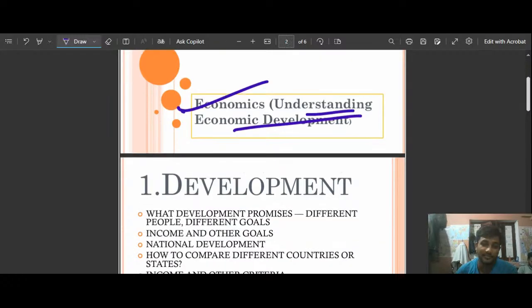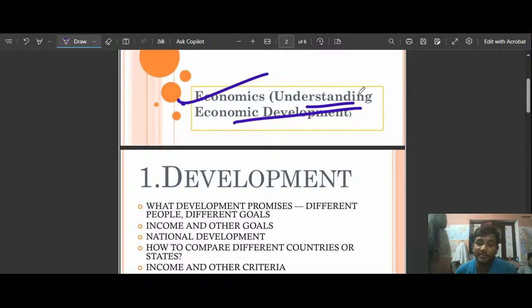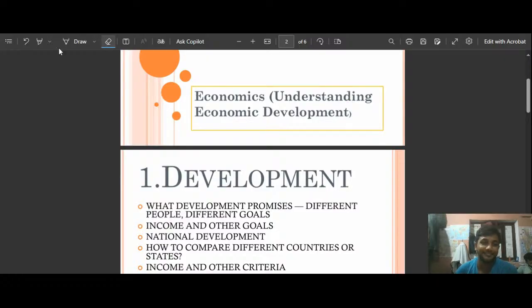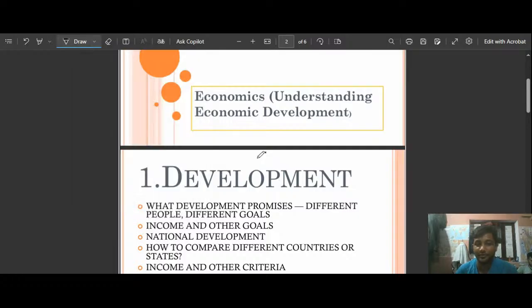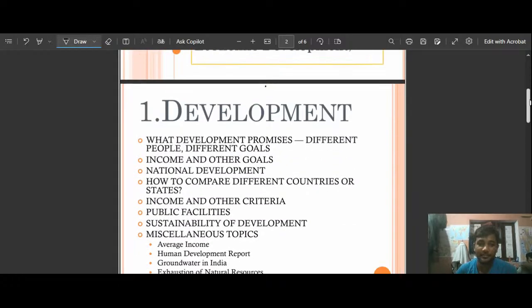What does it mean by economics and economic development? Basically, it is trying to focus on the associated factors related to economic development. So let's have a broad look at what we are going to see.